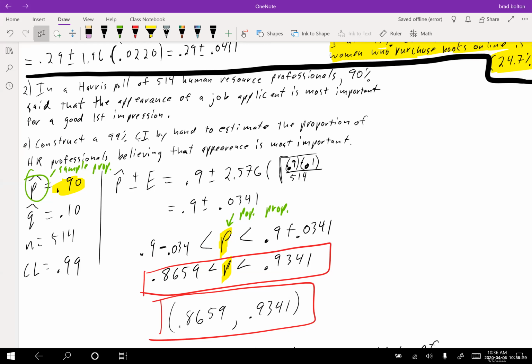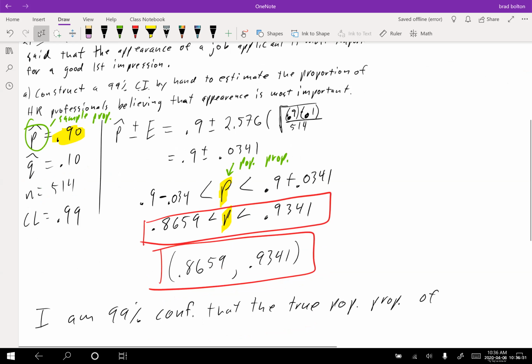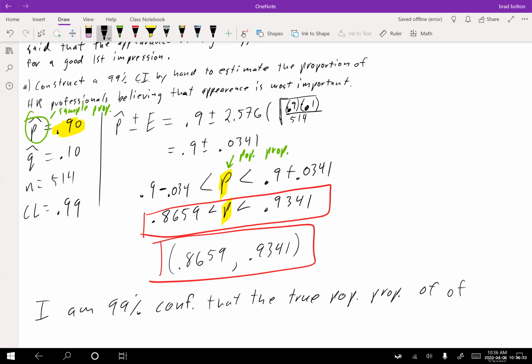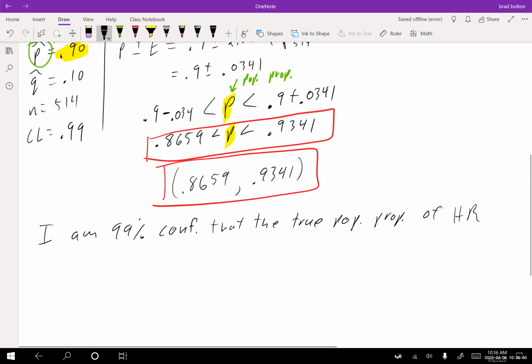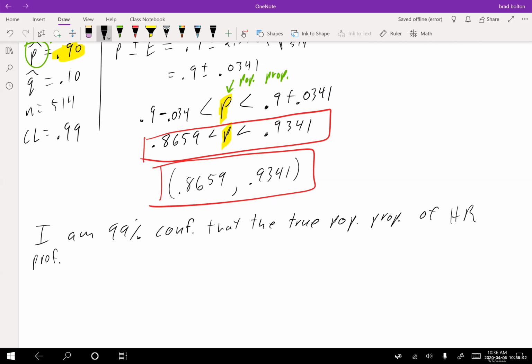That appearance of job applicants is the most important for a good first impression. Population proportion of human resource professionals feel that, let me make sure I'm not messing this up.